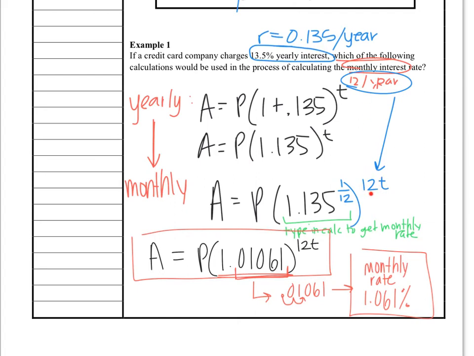Except that we have to keep this equation balanced, so we need to raise the inside to a power of 1/12. We're going to type this into the calculator to get our monthly rate, and then we can actually use the simplified version of that to calculate the monthly rate as a percent. Flip it over and we'll see another example.